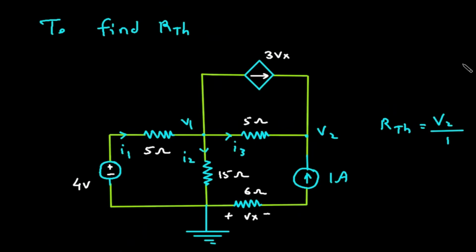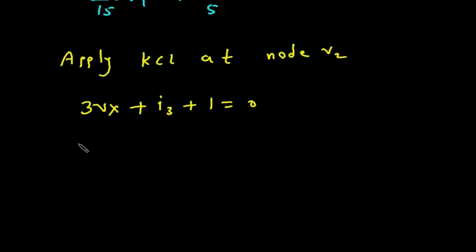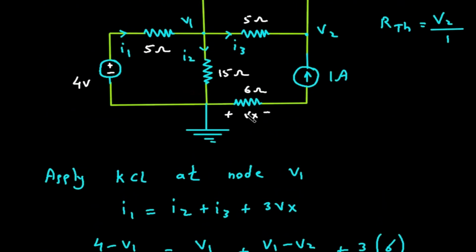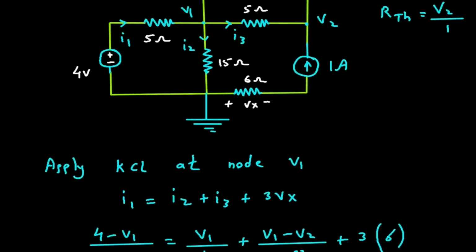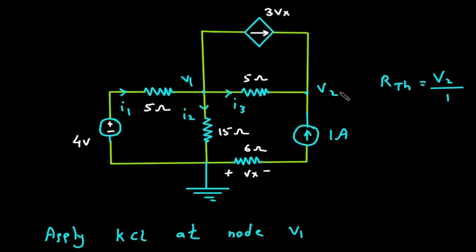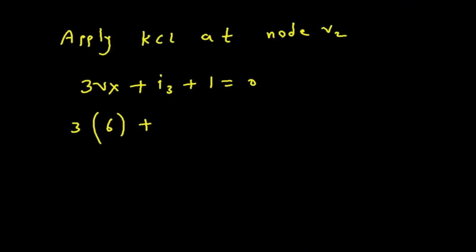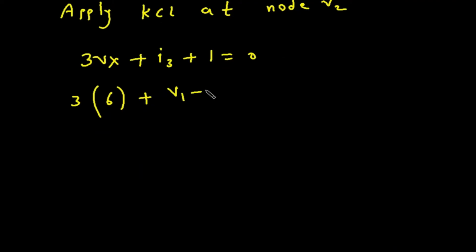Now this 3Vx will be 3 into Vx. Vx is equal to 6 into 1, so it is 6 volt, plus I3. I3 is V1 minus V2 by 5. So V1 minus V2 by 5 plus 1 is equal to 0.